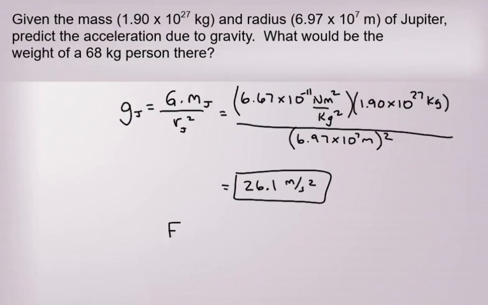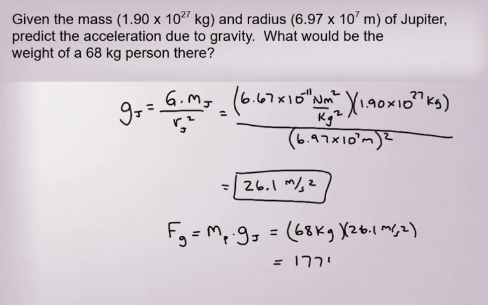Well, to find the force due to gravity, I could take the mass of that person times the acceleration due to gravity of Jupiter, which I just found, and do 68 kilograms times 26.1 meters per second squared, and I would find that that weight or gravitational force would be 1,774 newtons. That'd be one way to do it.